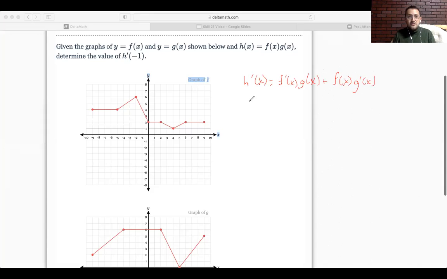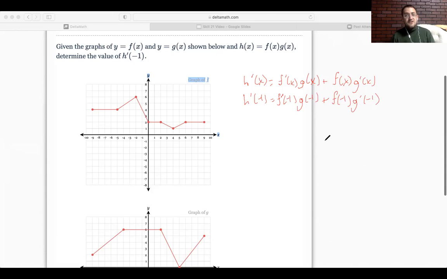And if I want to do h prime of -1, that's going to get me to f prime of -1 times g of -1 plus f of -1 times g prime of -1.